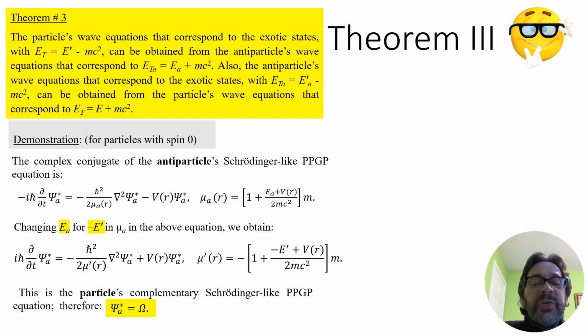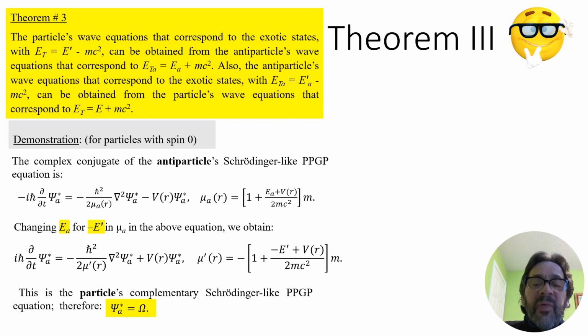If in this equation we change E sub A for minus E prime in the expression for the effective relativistic mass of the antiparticle, we obtain the equation below. This equation is the particle's complementary Schrodinger-like PPGP equation.